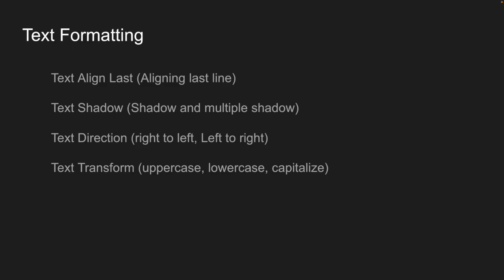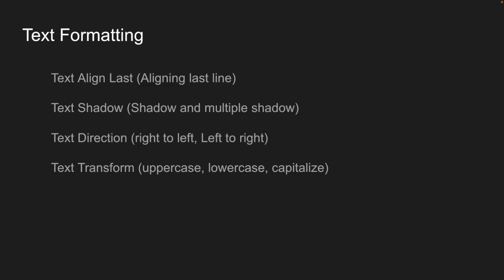These are the different types of properties and values you can use in your text formatting. There is something like text align last, where if you want to apply some alignment for the last line of that particular element, then you can use text align last. Text shadow, if you want to apply some shadow, you can either apply a single shadow or multiple shadows. If you want to apply multiple shadows, then you have to use comma separated values, and each and every shadow value will have four properties: height, width, depth, as well as color. And then you can go with direction.